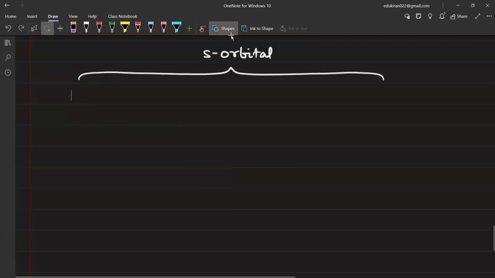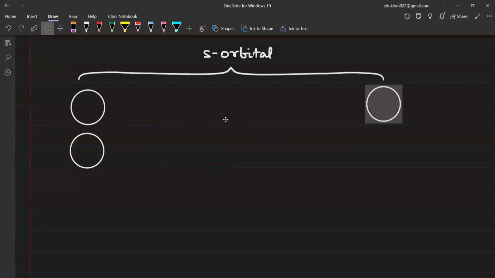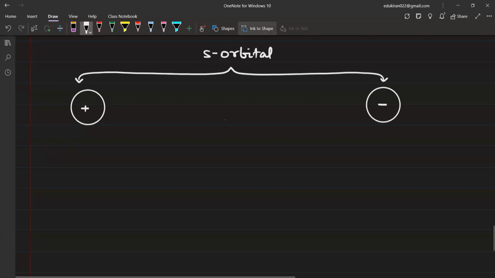Now, s orbital can be of two types. S orbital will be spherical in both the cases, but it can either have a positive phase or a negative phase.